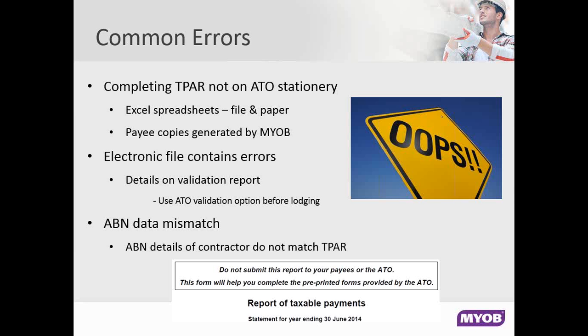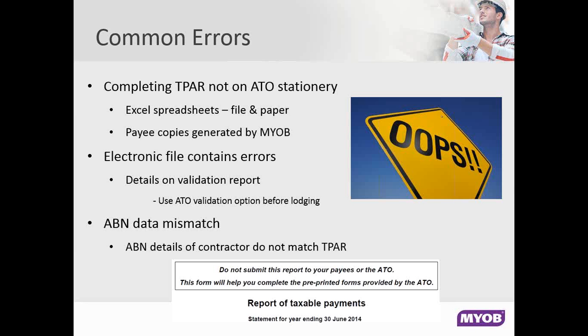People would lodge it, they would get a validation error, and if you're using MYOB software, you won't get any warnings as in this is a critical error and the file was not lodged. But you could get warnings that say an ABN wasn't included, or address was not there, or something is missing, but it's not a mandatory item.